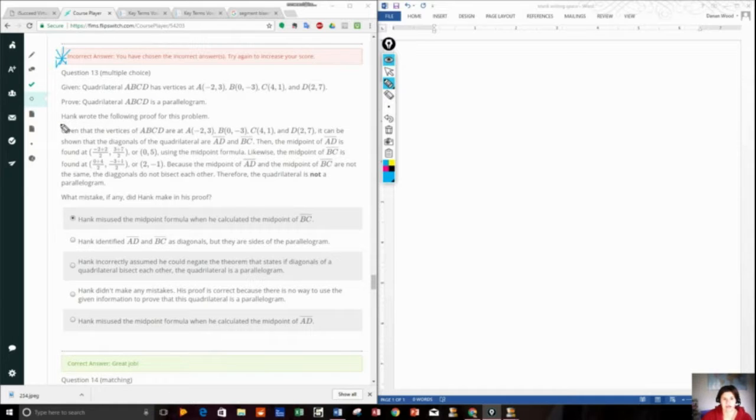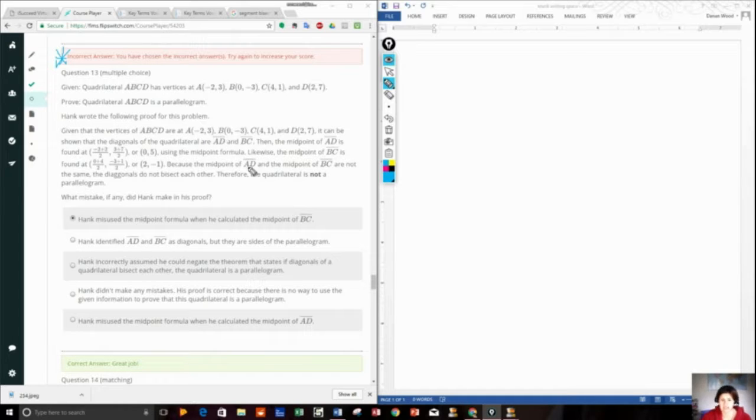So let's jump back to this, and Hank wrote the following proof for this problem. Given that the vertices of A, B, C, D are at A (-2, 3), B (0, -3), C (4, 1), and D (2, 7), it can be shown that the diagonals of the quadrilateral are AD and BC.